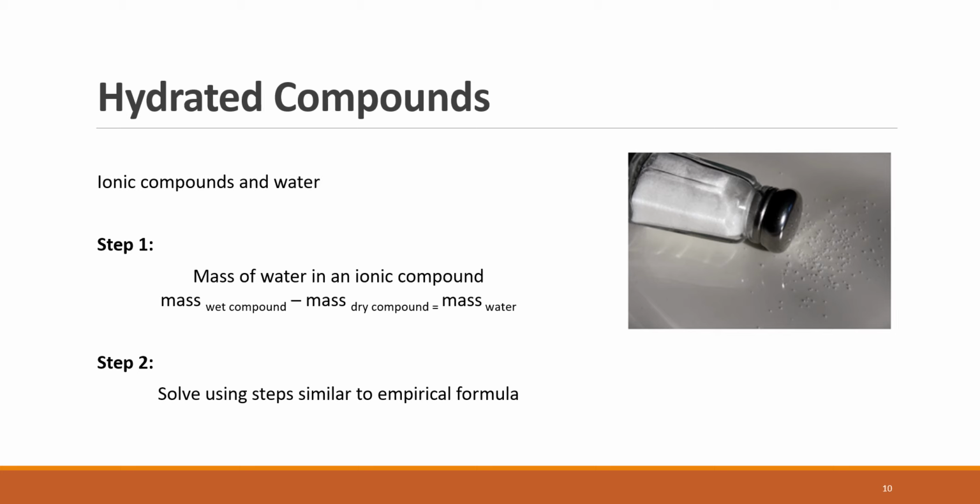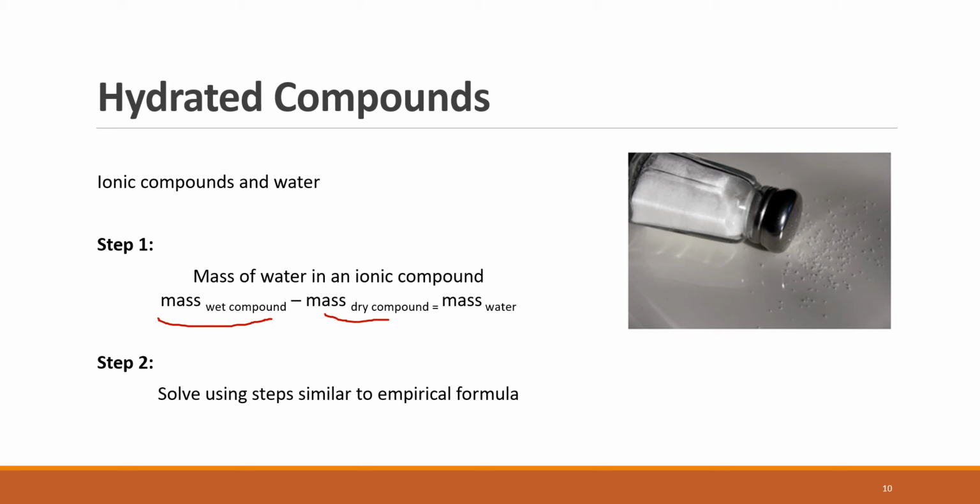the problem will usually give you the mass of the wet compound with the water in it. Then it will say something about the wet compound being dried in an oven or with a Bunsen burner to get all the water off. Then it will give you the mass of the dry compound. So you'll have 2 masses of the compound, one with the water molecule stuck inside the crystal and one where the water molecules have been heated off.